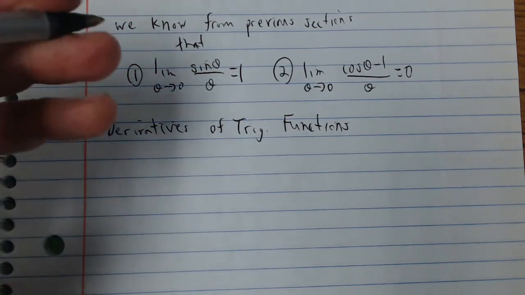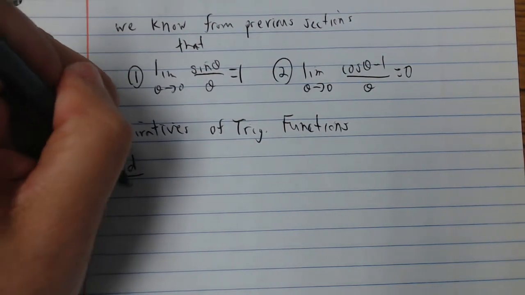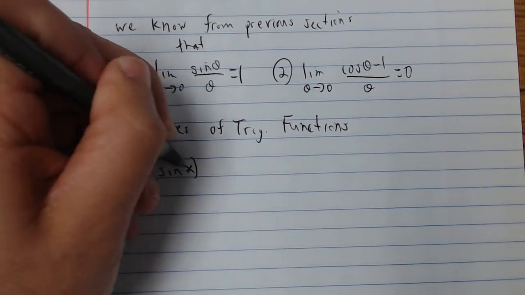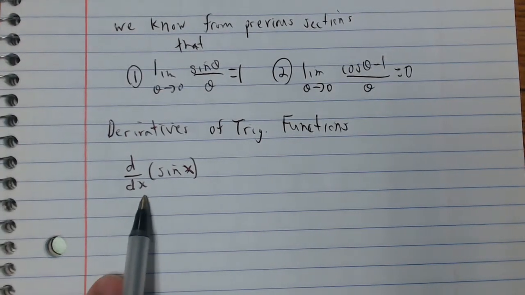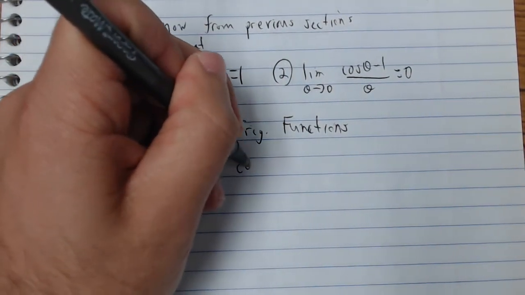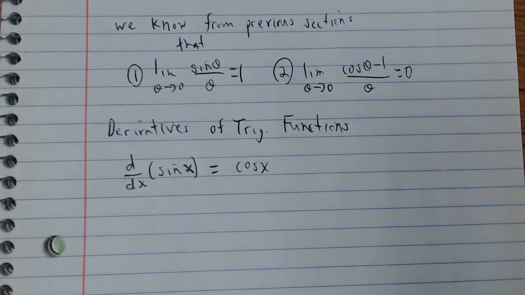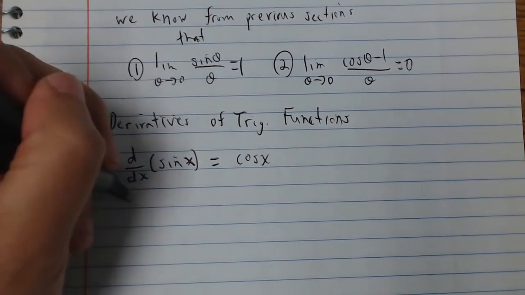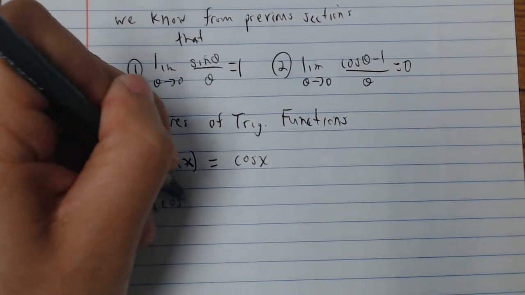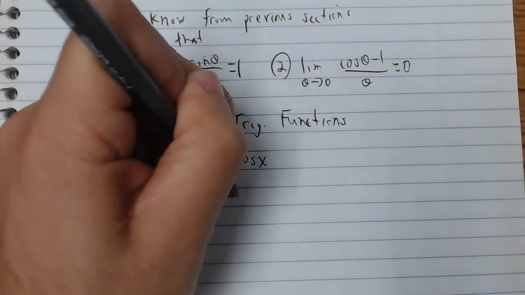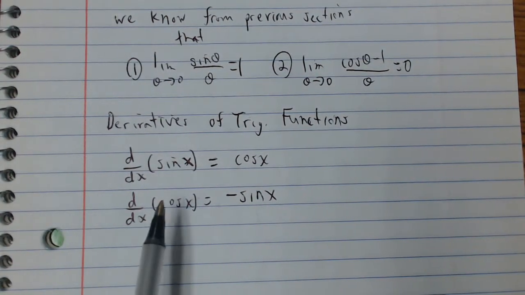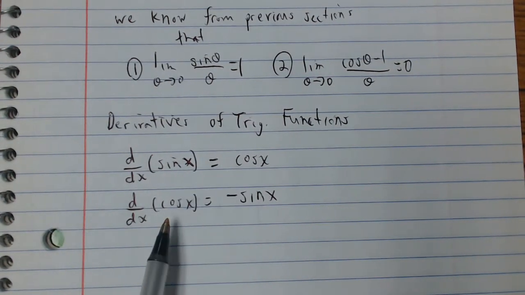If I ask you for the derivative of sine of x, you can give it right away. The derivative with respect to x of sine of x is cosine of x, and the derivative with respect to x of cosine of x is negative sine of x.